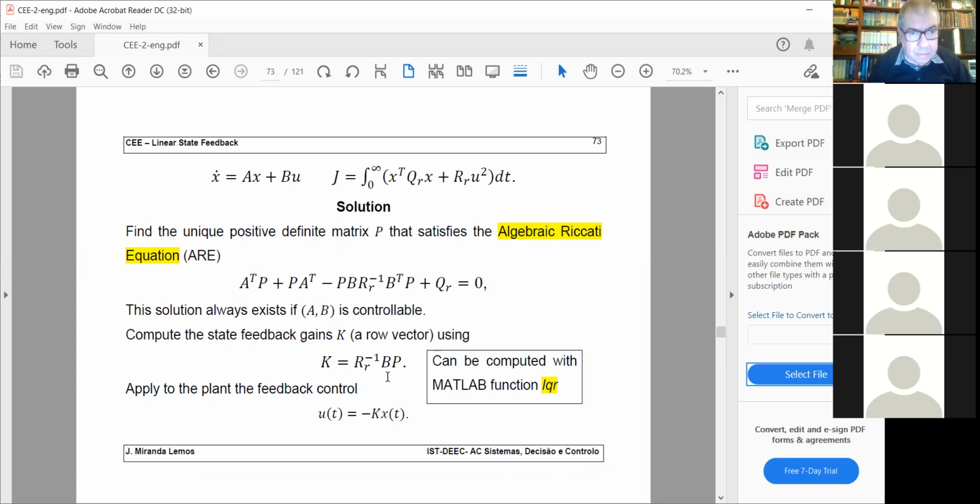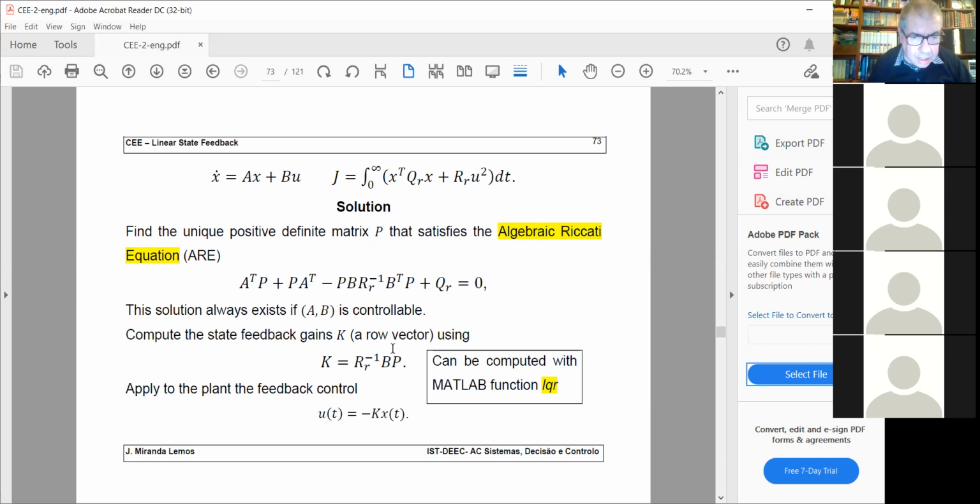So B comes from the model of the plant. It's this B matrix. R, index R, is the weight on the control variable, and its inverse. So this weight cannot be 0 because otherwise you have here an infinite number. So you need some regularization on U. And then you have this P. This P is a matrix.